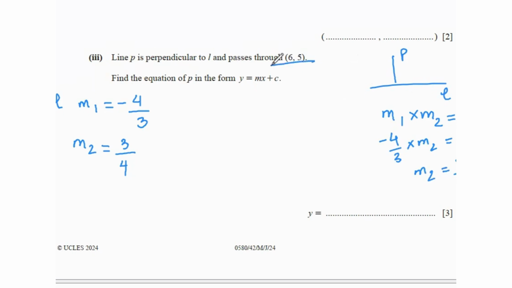The point is already identified, (6, 5). So we use the point-slope form: y minus y1 equals m times (x minus x1).